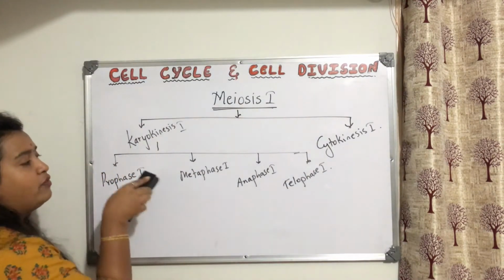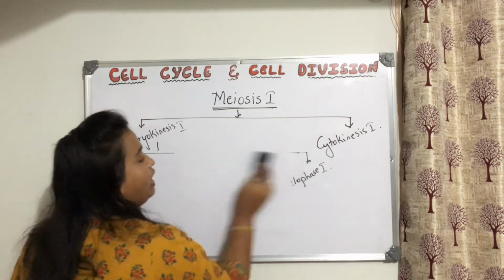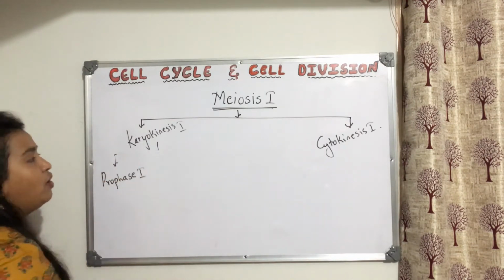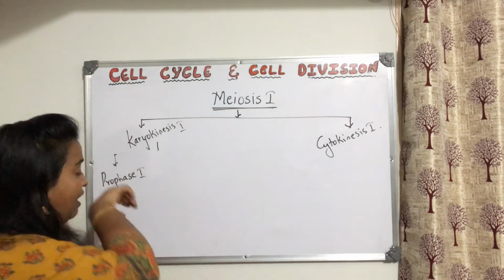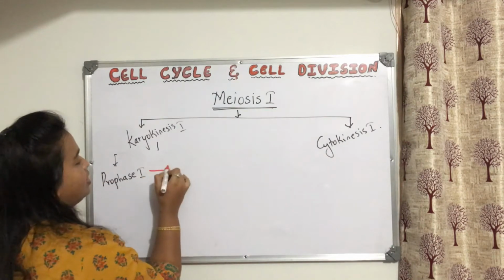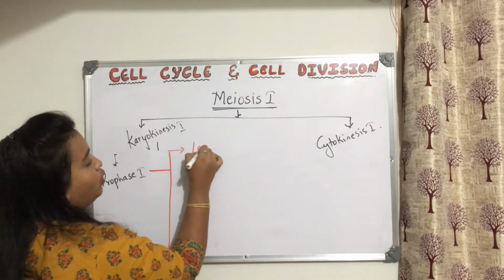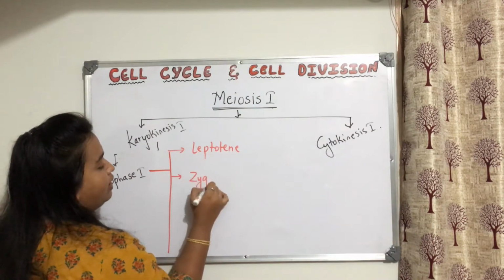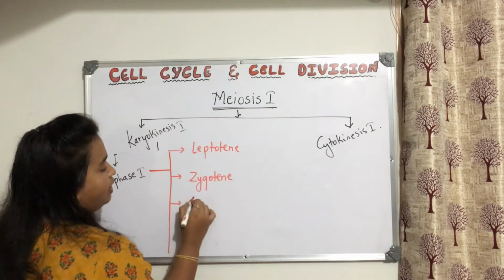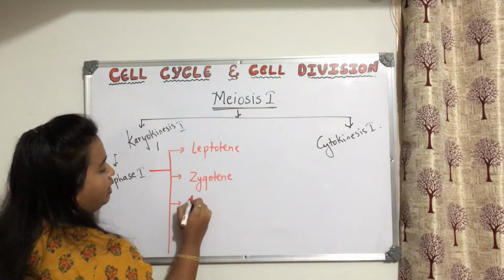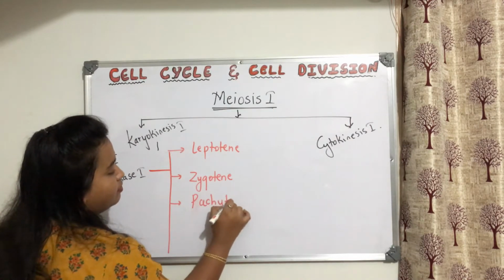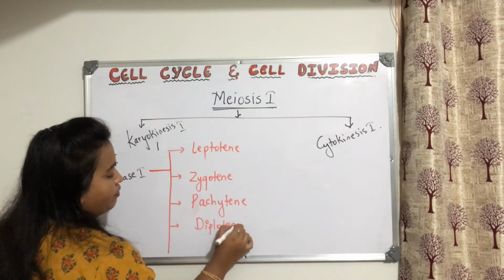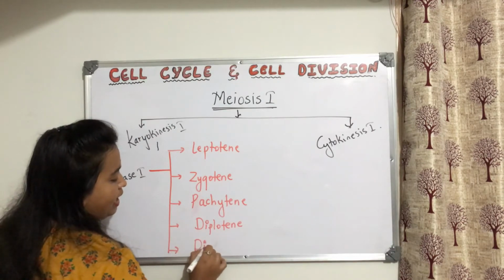Before talking about these three, we need to discuss prophase 1, because in prophase 1 we have different stages. Which are they? Leptotene, and then zygotene, then pachytene, and then diplotene, and the last one is diakinesis.